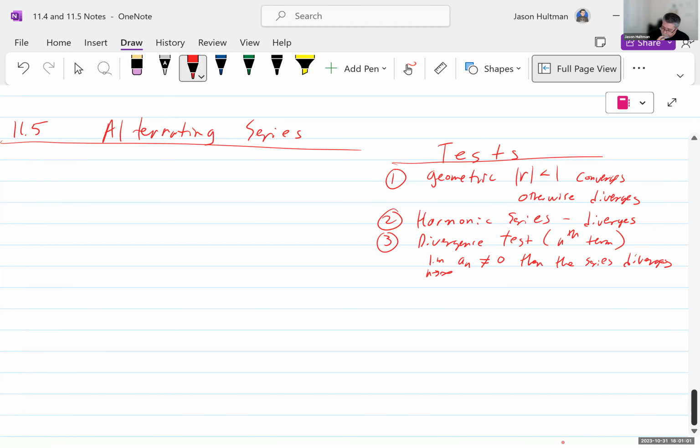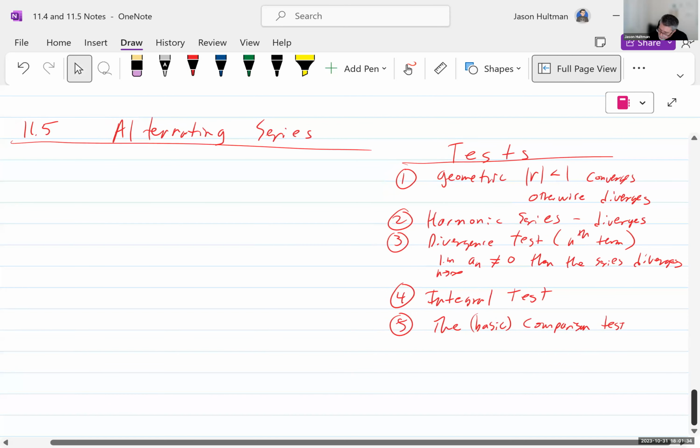Number 4 test was the integral test. We talked about the integral test last time. Then number 5, we have the comparison test, which we'll call the basic comparison test. By the way, what did the integral test say?